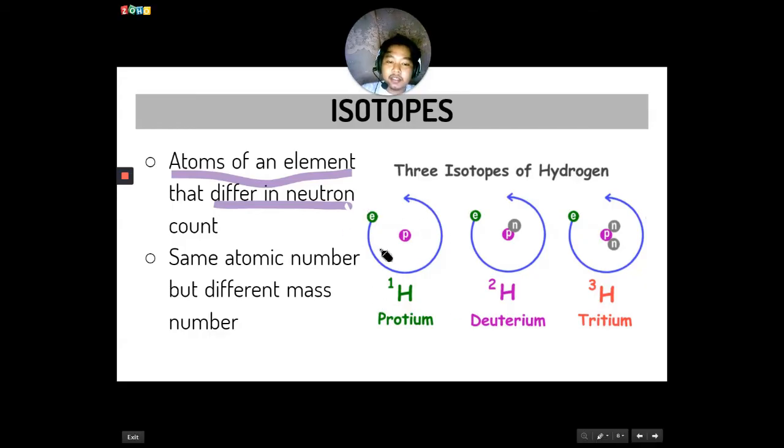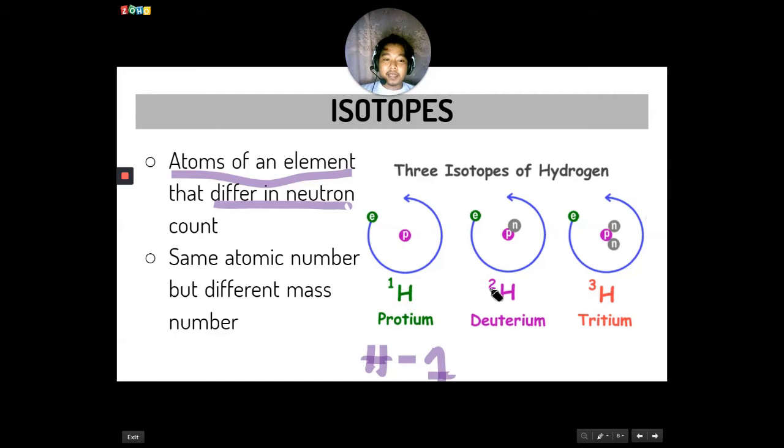So, there is a hydrogen, or the most common hydrogen in particular, called protium. But don't you worry, I don't need you to memorize the names. This could be written as H1. So, this is the notation for the hydrogen without a neutron. How about deuterium? With H2.